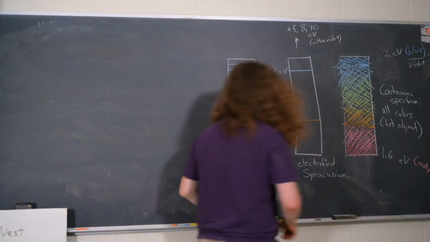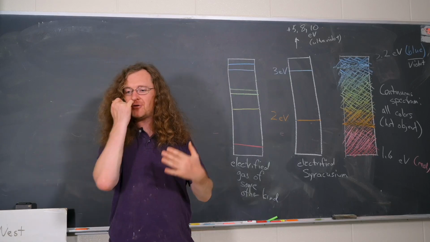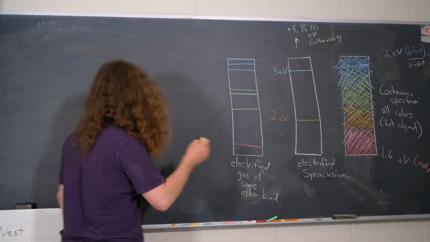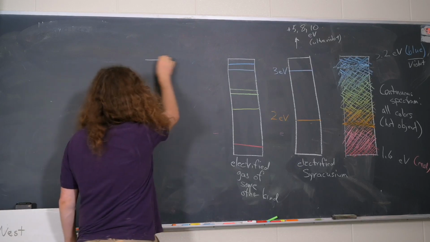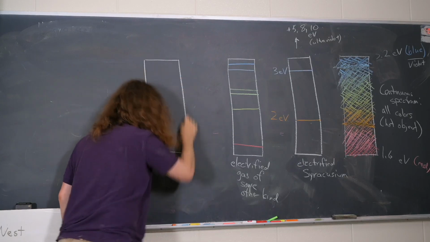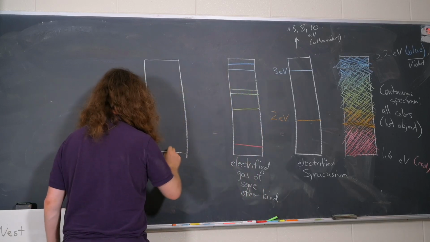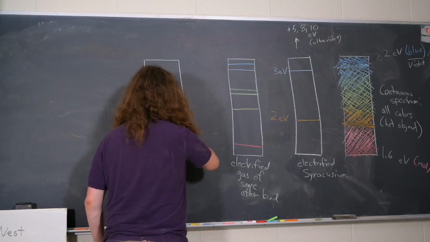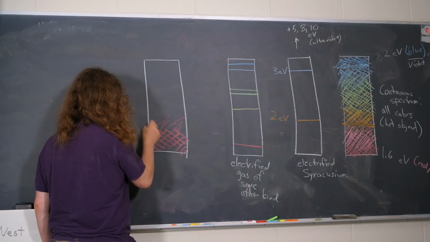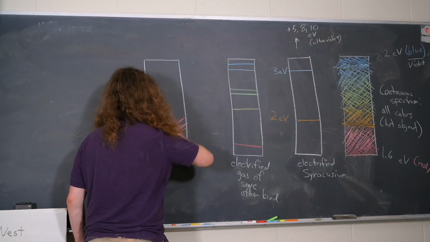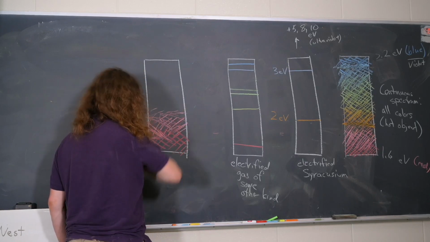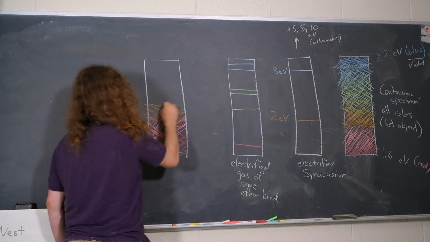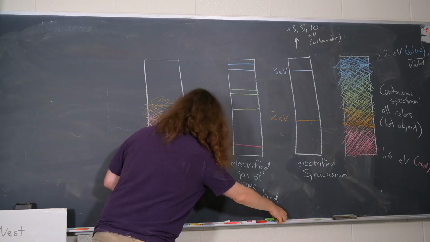But this is not what we have, right? Remember, we're trying to understand the sun. And the sun has given us a weird sort of combination. So remember, the spectrum from the sun looks like this. It's all of the colors with a few of them missing. We go to orange. We go to yellow.